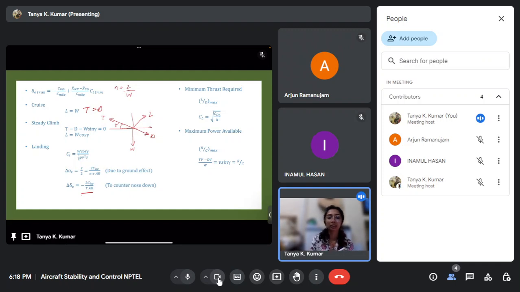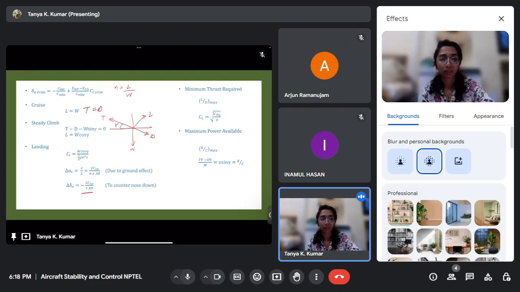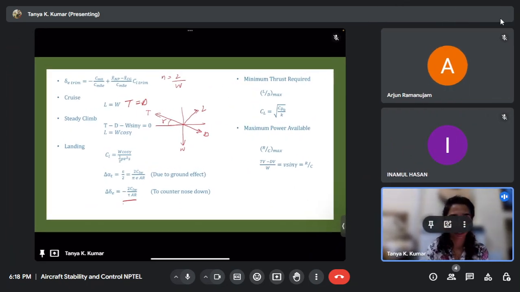Two conditions that we had studied in the aircraft performance course were minimum thrust required and maximum power available. For minimum thrust required, the lift to drag ratio, L by D, is maximum, and for this condition the CL value is the square root of CD naught by K. For maximum power available, the rate of climb, R by C, is maximum.